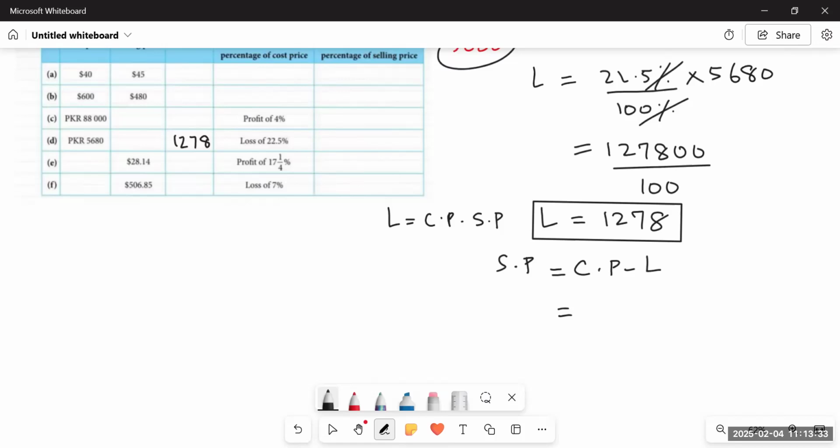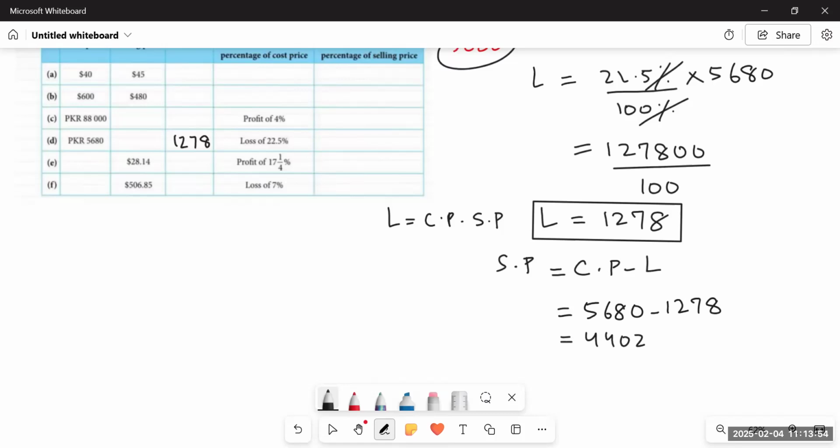So it would be cost price, given as 5680, and the loss is 1278. If we subtract the loss, that is 1278, from 5680, we will get a total of 4402.